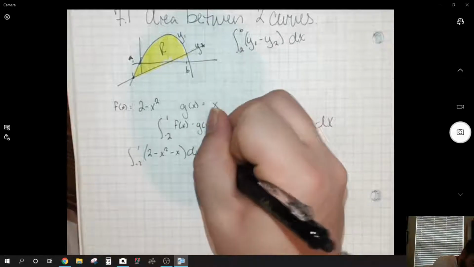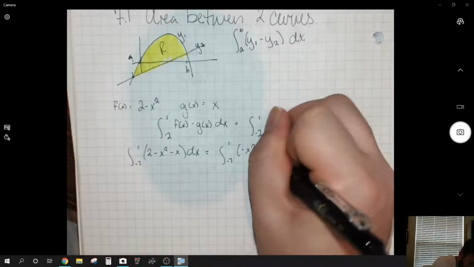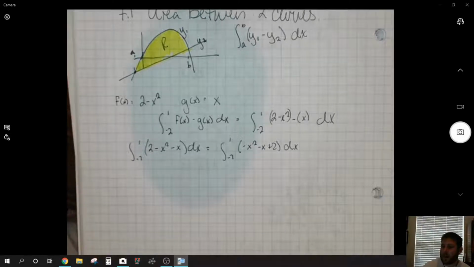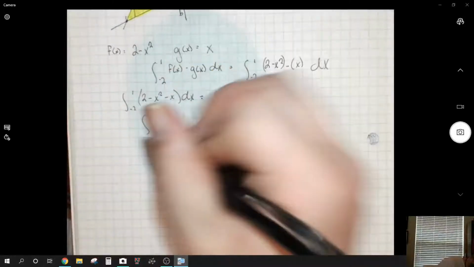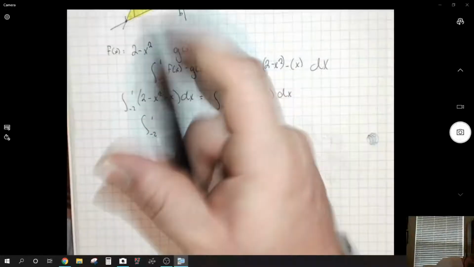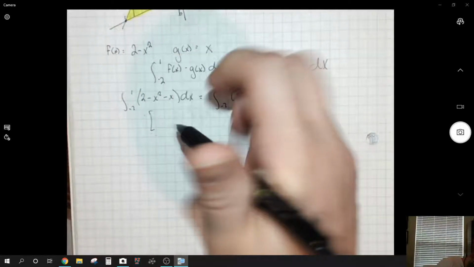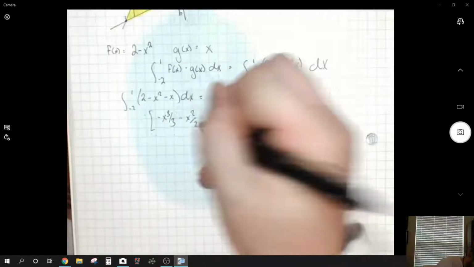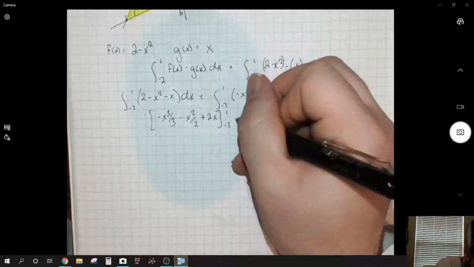Because I am who I am, I want to put everything in order. And now I'm going to integrate normally. I don't need the integral symbol anymore because I am integrating. We get negative x cubed over 3 minus x squared over 2 plus 2x. Then we go from negative 2 to 1, plugging those values in.